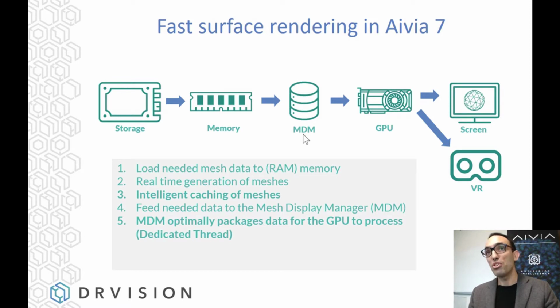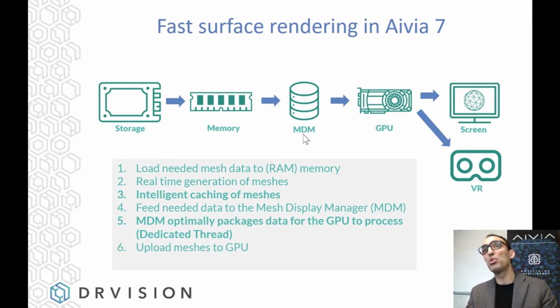So it basically has right of way using the CPU when it's doing this. And this is the most expensive part of the process. So by optimizing this step and giving it priority, we've sped up the mesh display and rendering extremely, and you'll see the numbers in a few moments.